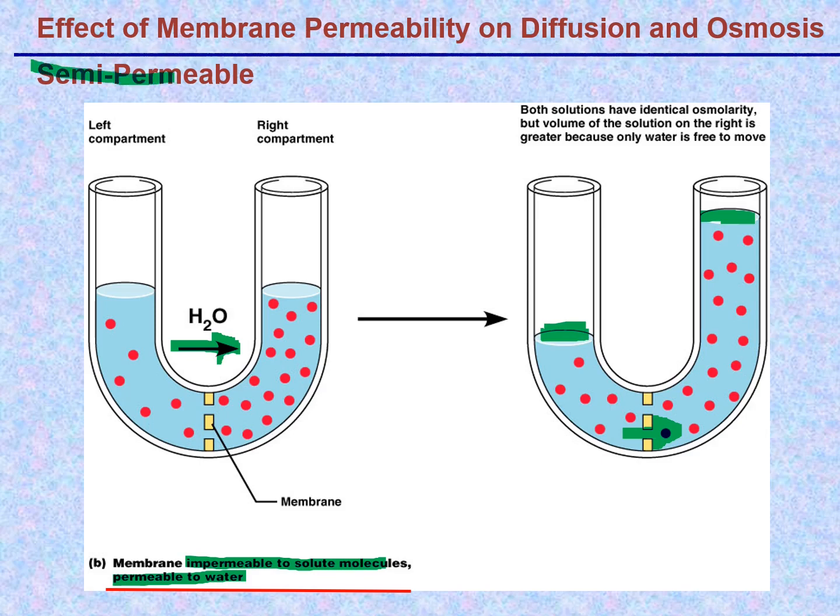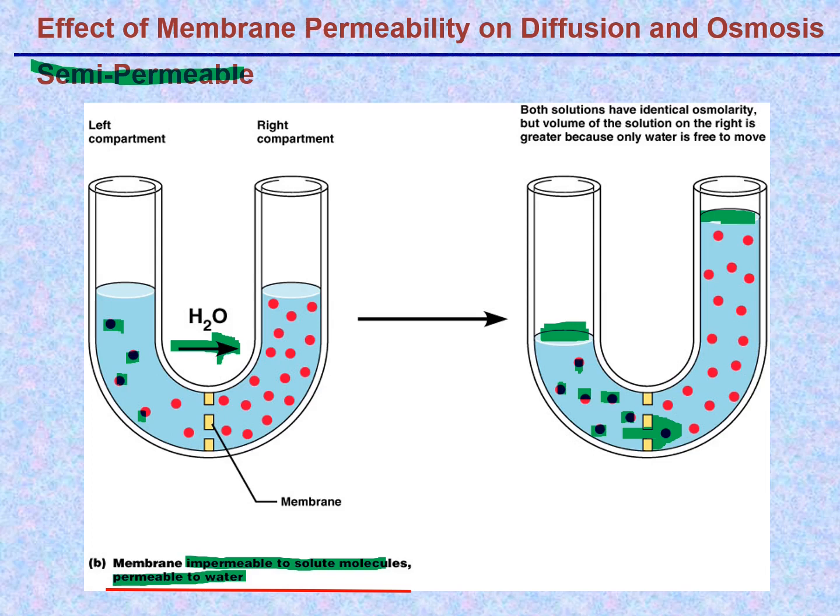That's movement across a semi-permeable membrane. Permeable to the solvent, water, but not permeable to the solute. The number of these solute molecules stays the same. In other words, the concentration here is higher because the volume's smaller and water has moved away from there, but the actual number of molecules is the same as before.